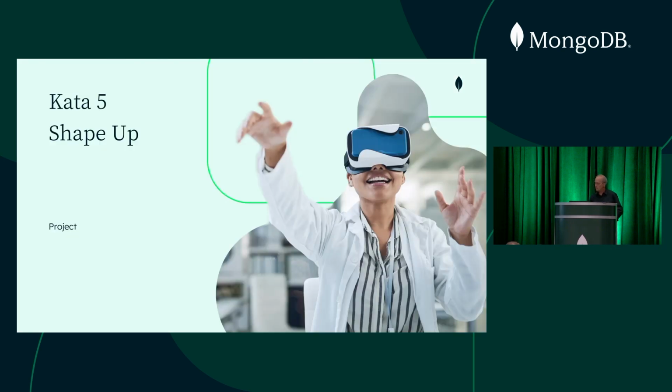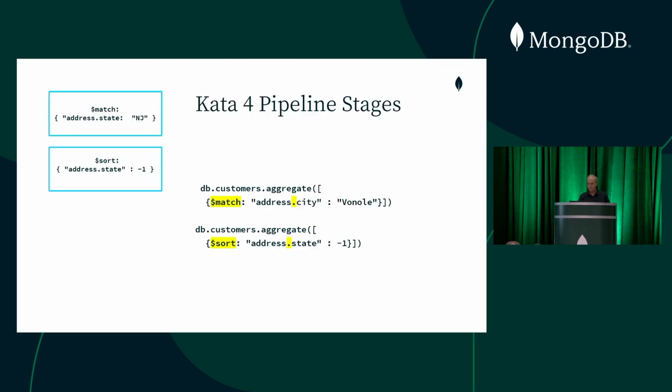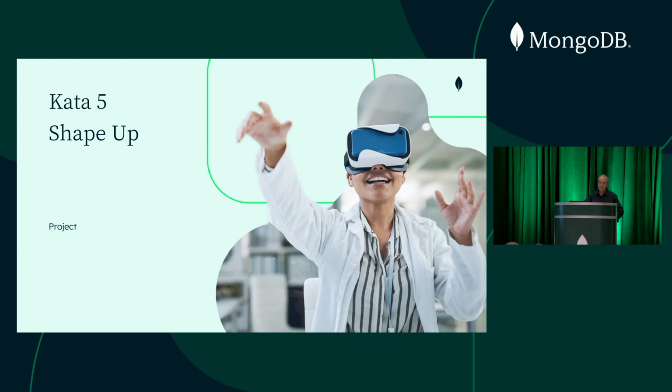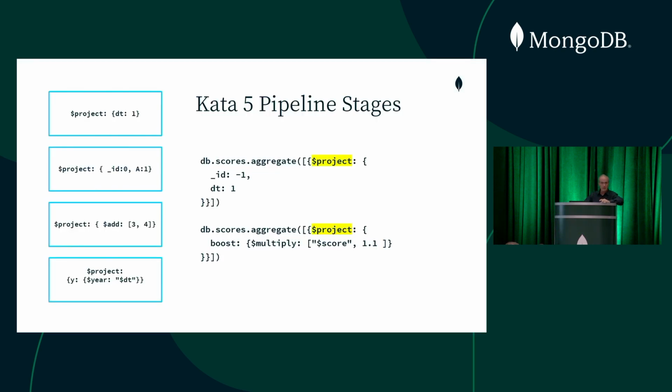In terms of shaping things finally before returning them to the customer, the main workhorse there is project. The project operator lets you do things like rename fields, do light math computations, let's say quantity times price or something like that.